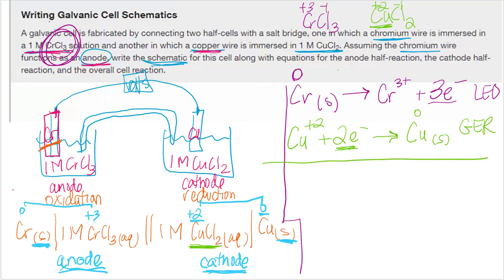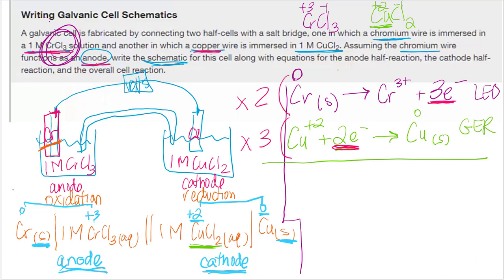Now to form our complete reaction, remember my loss of electrons and my gain of electrons need to be the same. So I have a 2 and a 3. That means I need to multiply everything by 2 and everything by 3 respectively for each of those.